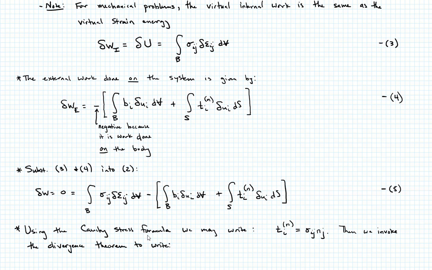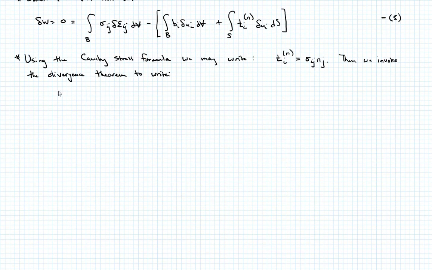So the total substitution into equation 5 looks as follows. Delta W is equal to 0. Now everything is going to be under the same integral when we do the two things I said above.